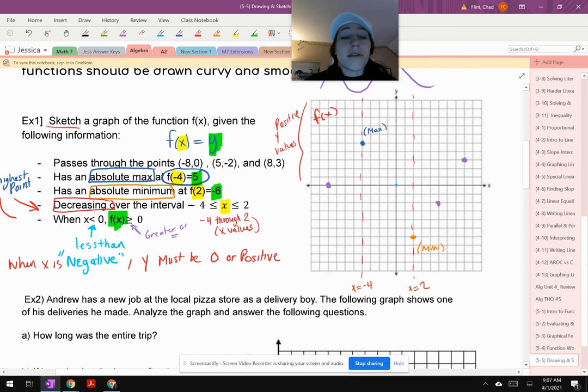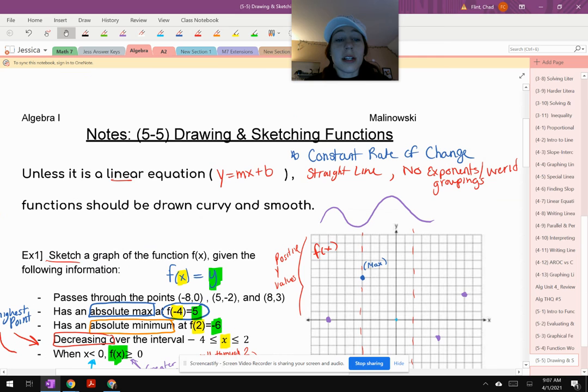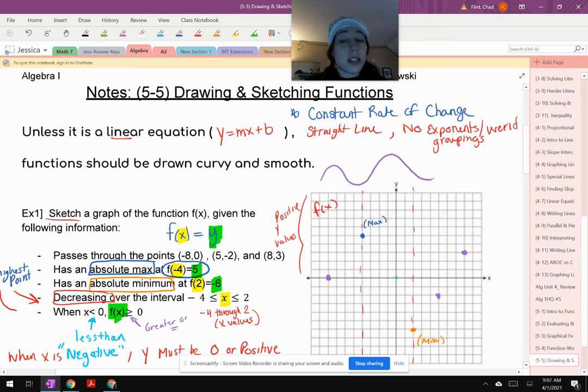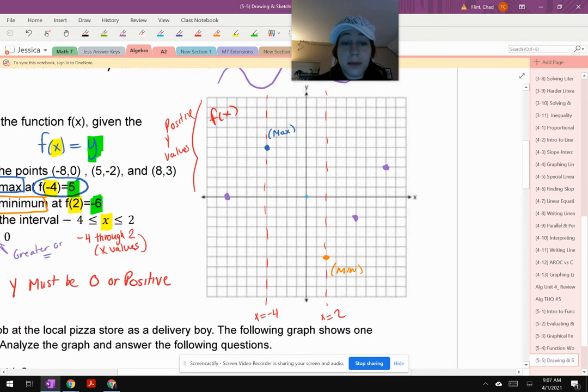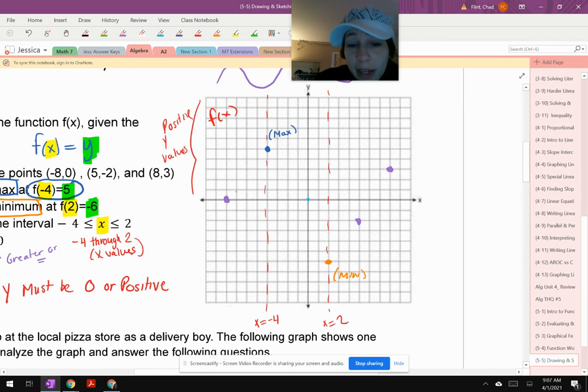And remember, from our first piece of information, when we have no mention that this is linear or a straight line or an equation of any sort, this needs to be curvy and smooth. All right, so I can't go below this x-axis, so that's a terrible curve. It's okay, I'm nervous. Remember, it's got to be decreasing through those entire red lines, but I have to hit that point, so that wasn't the greatest thing.